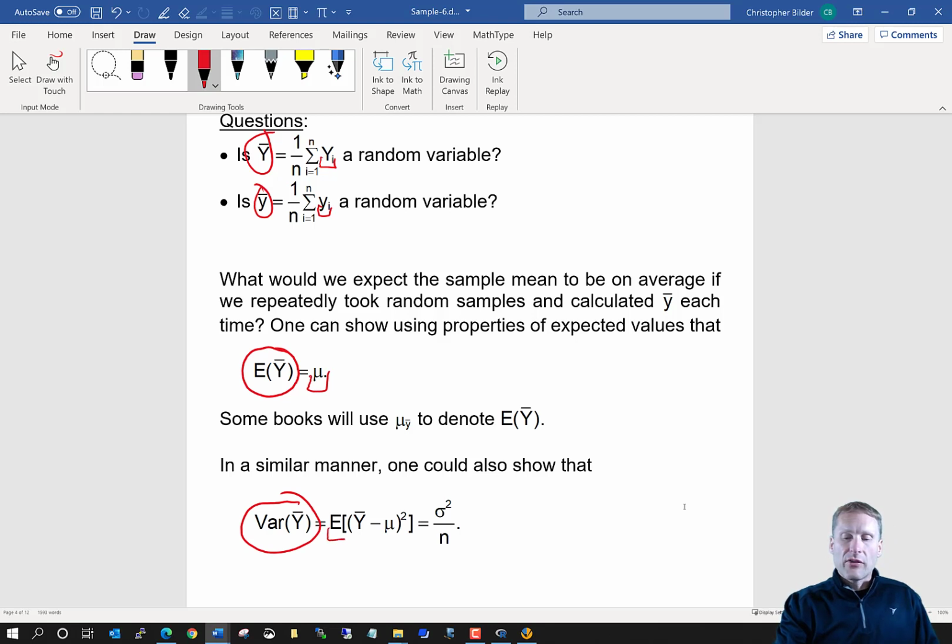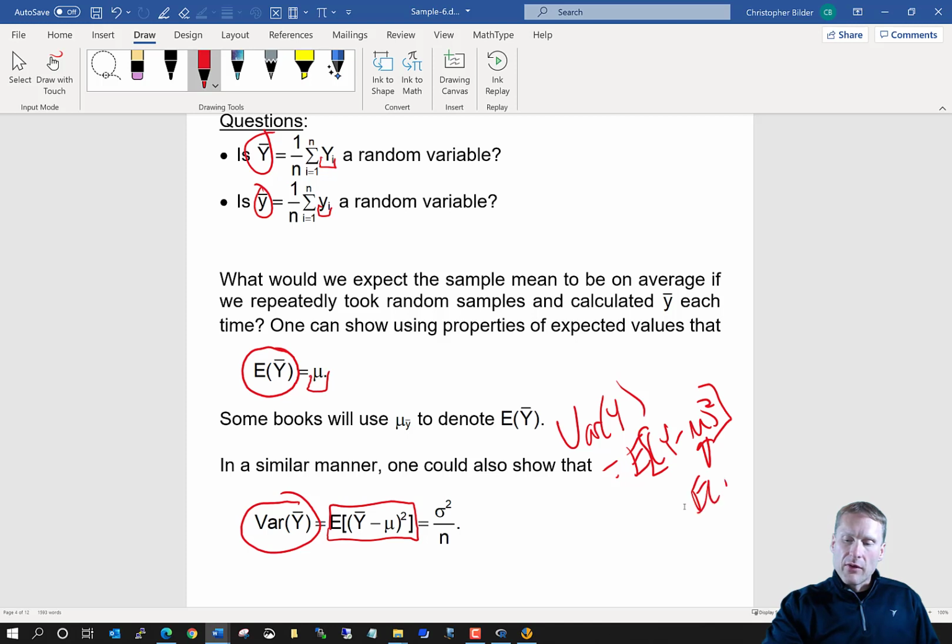Of course, that also would mean this is the expected value of (y bar minus mu) squared. Remember before how we've had the variance of y is equal to the expected value of (y minus mu) squared, where mu, again, is the expected value of y.